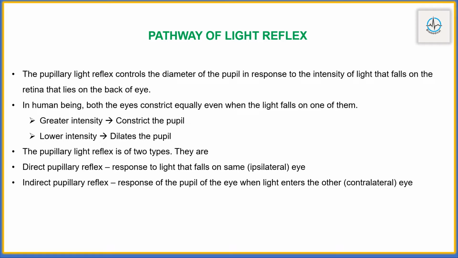Greater intensity leads to constriction of the pupil and lower intensity dilates the pupil. This pupillary light reflex is of two types. They are direct pupillary reflex and indirect pupillary reflex. Direct pupillary reflex is a response to light that falls on the same eye. An indirect pupillary light reflex is a response of the pupil when light enters the other eye.